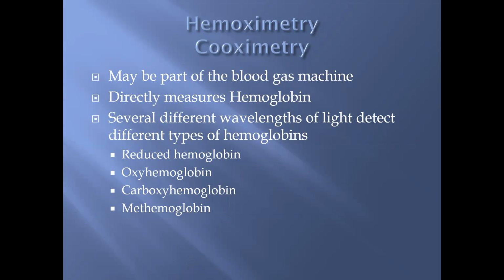So there's a wavelength of light for reduced hemoglobin, another wavelength for the oxyhemoglobin, one for carboxyhemoglobin. What is carboxyhemoglobin? Carbon attached to hemoglobin? Carbon dioxide? Carbon monoxide is called carboxyhemoglobin, carbon monoxide.